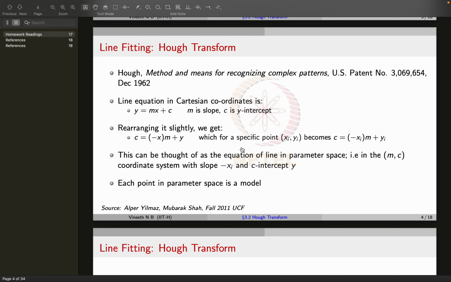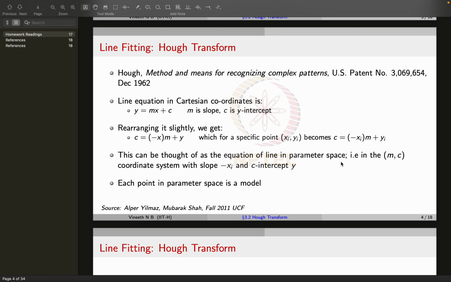If I have a point xi, yi which goes through a particular line, then it will satisfy this equation as well, right? c is equal to minus xi m plus yi. So this can be thought of as a line in the parameter space. This is a line in the Cartesian coordinates, and this is a line in the parameter space.